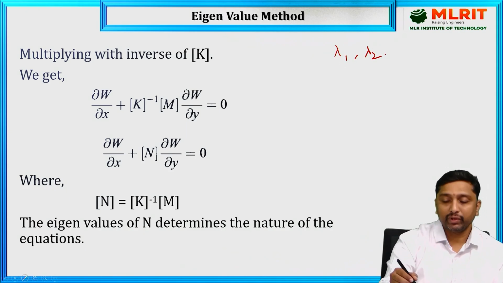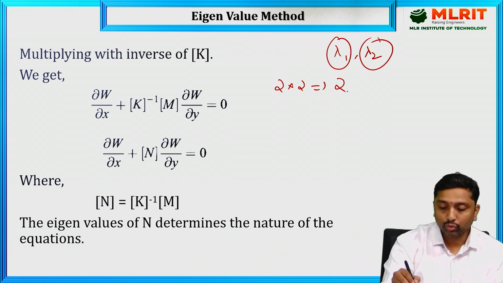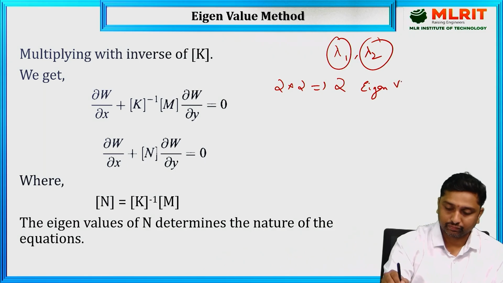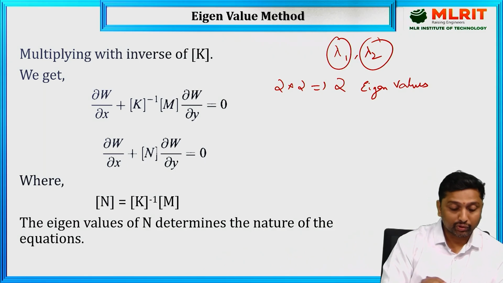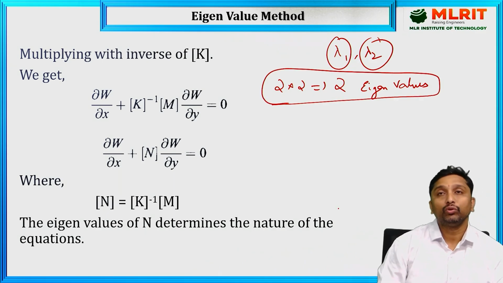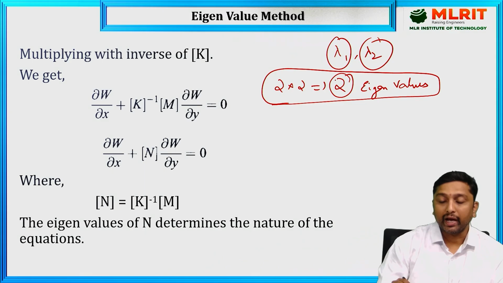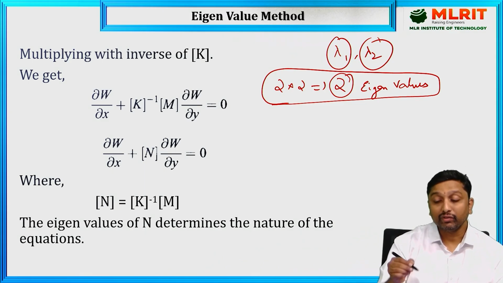The reason I am taking two lambda values is that the order of the matrix is 2 by 2, so I am going to get two eigenvalues. The nature of these eigenvalues will determine the nature or behavior of the equations.